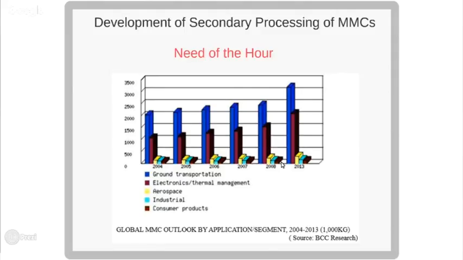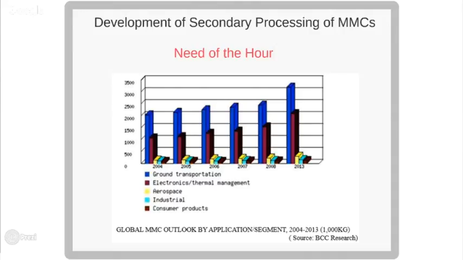When you check this slide, you come to know that the major chunk of metal matrix composites is used in ground transportation as well as in consumer products. What is the basic requirement of a transportation industry or a consumer industry? They are looking for an effective and efficient secondary processing of material.